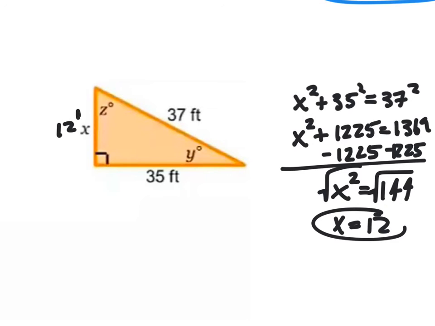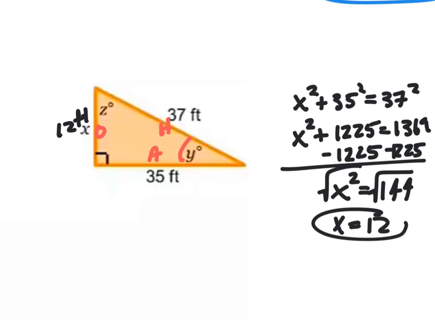Now, this is 12 feet. Now what I want to do is set up some trig functions in order to solve for my angle measure y and the angle measure of z. So what I'm going to do first is take a look at angle y. Now I'm given the adjacent side and the hypotenuse here, and I also have my opposite side now. So it doesn't matter which trig function you use, but because I was given already my adjacent and my hypotenuse, just to play it safe in case I got this part wrong, I'm going to use these two sides I was given.